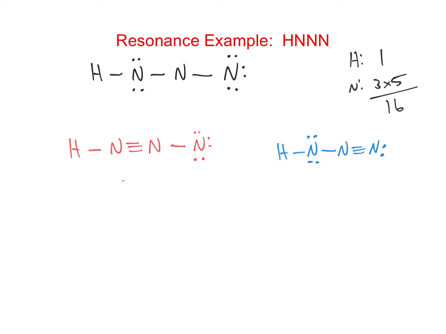Or I could take one lone pair from this nitrogen and one lone pair from this nitrogen and get a third possible Lewis structure. So in this case, we have three possible resonance structures for this molecule.